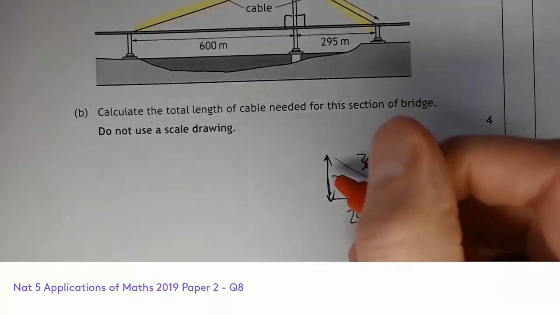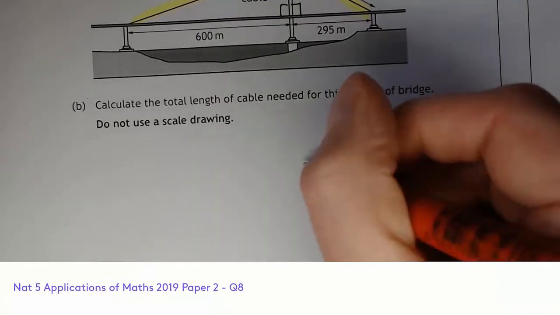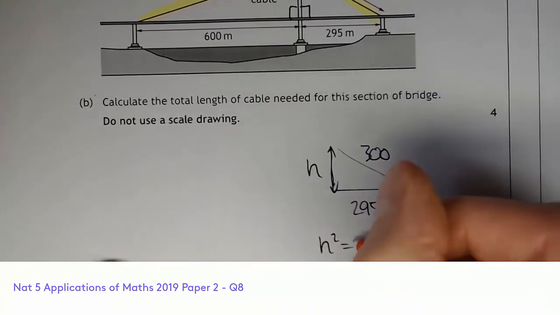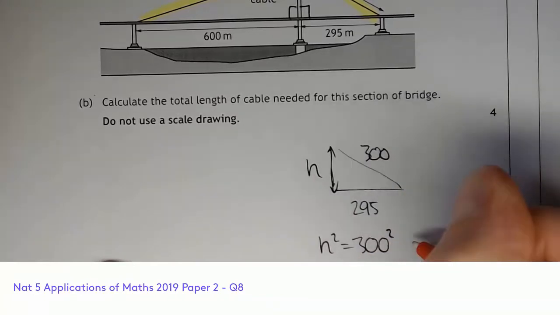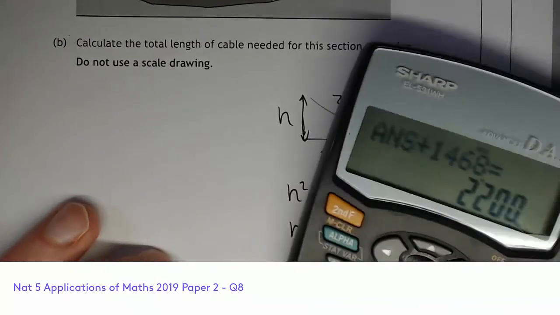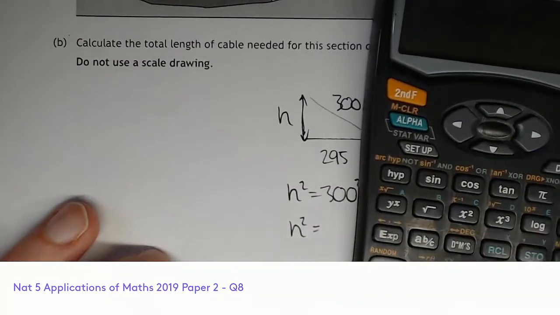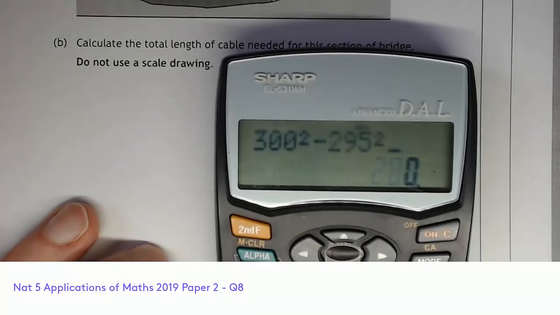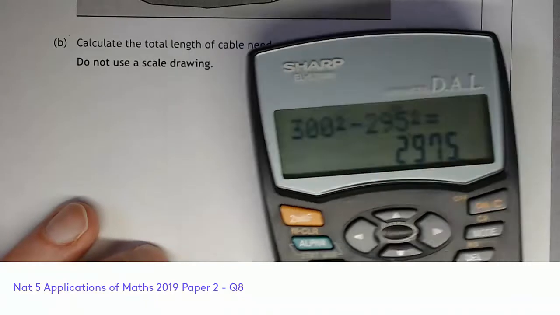I'm just going to call it h for height. H squared is 300 squared minus 295 squared. So we'll put this in the calculator. That's 2975.